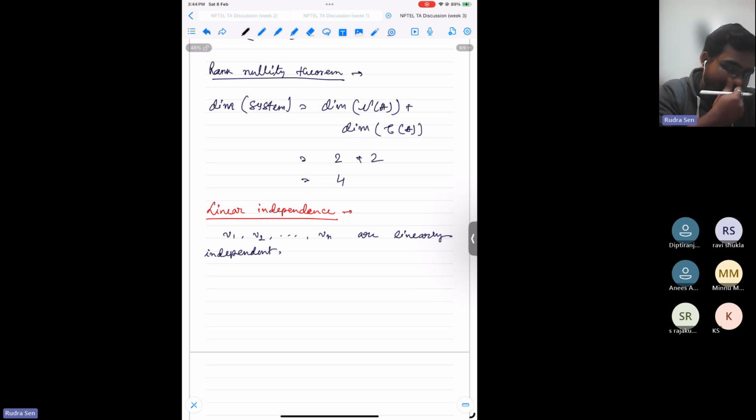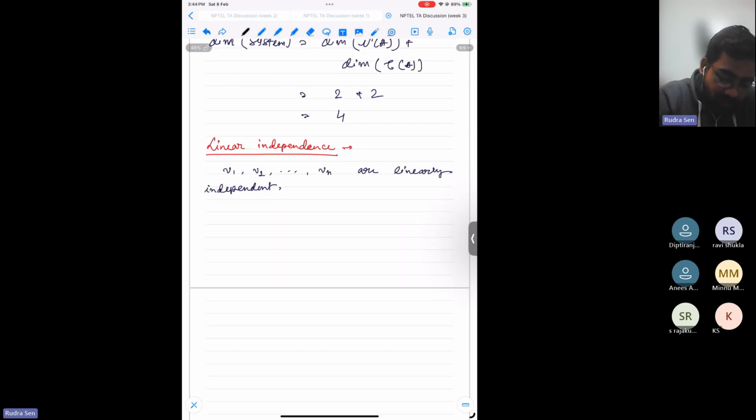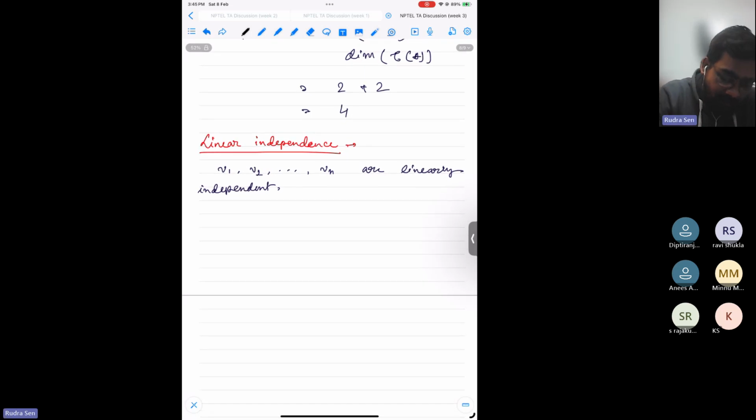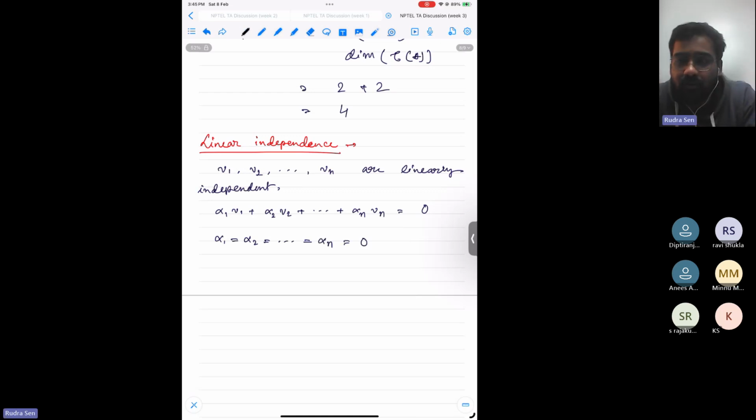this means that the combination, let's say alpha 1 v1 plus alpha 2 v2 plus up to alpha n vn, will give 0 if and only if alpha 1 equals alpha 2 equals up to alpha n, they all are 0.